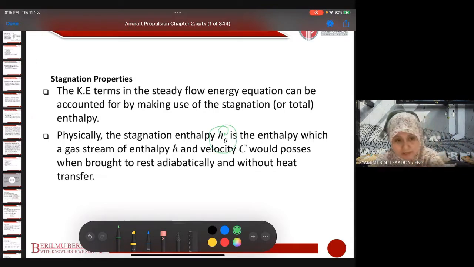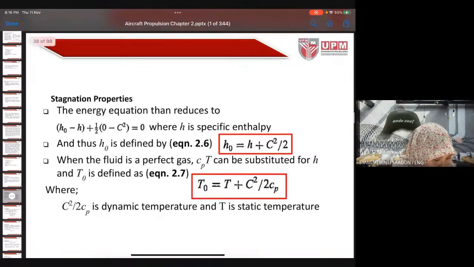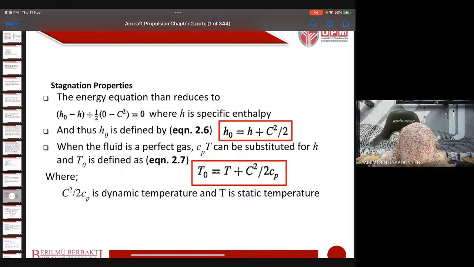Instead of simply H, enthalpy, we use H0, H total. Theoretically, it means a total enthalpy which takes into consideration the dynamic movement and also the static. This one, the energy equation from just now.